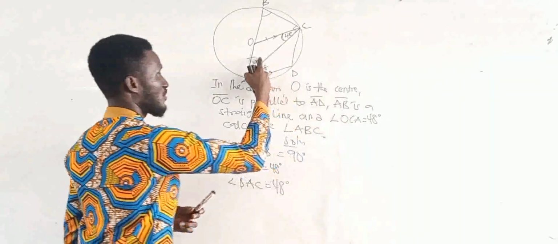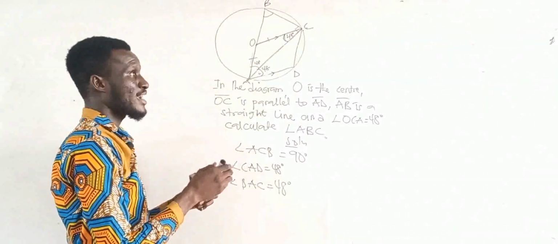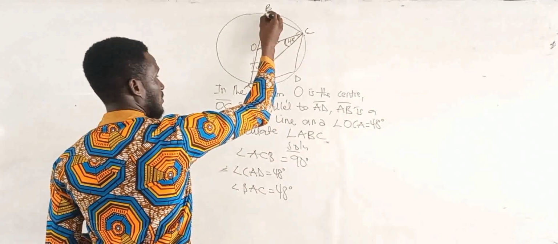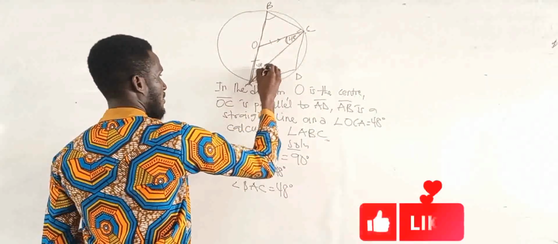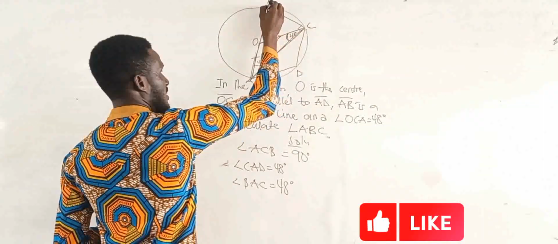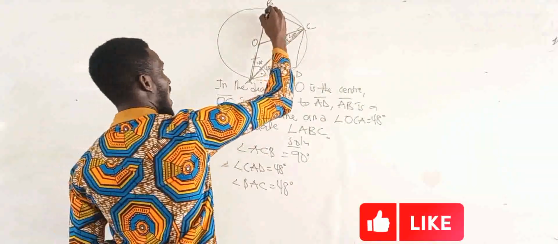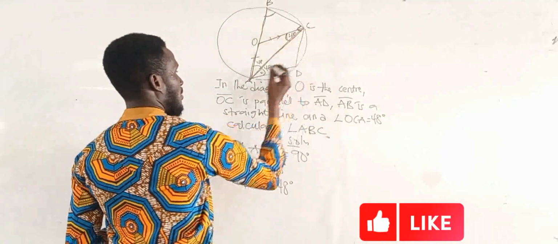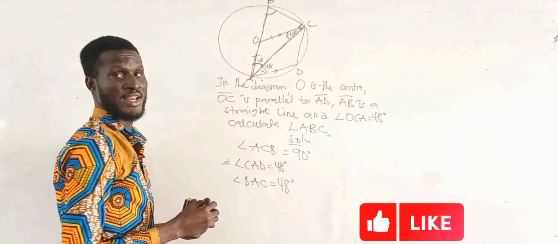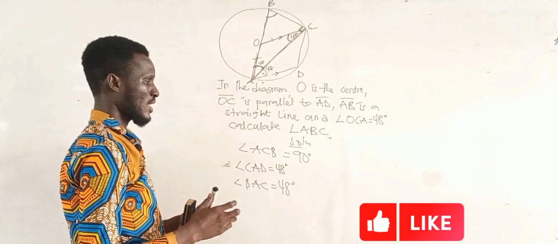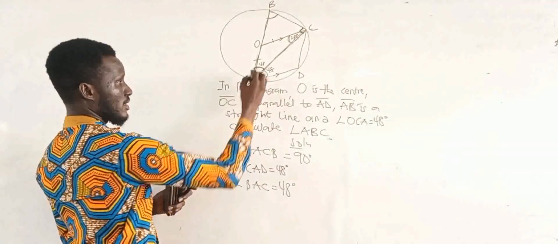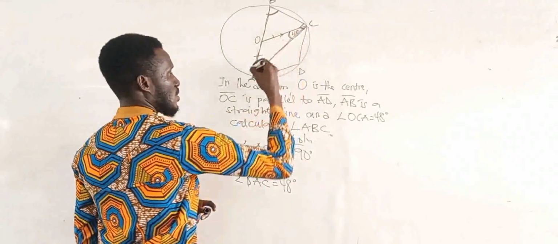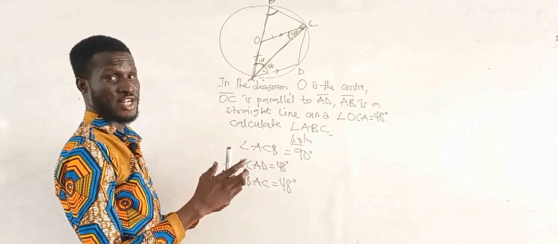Since we've gotten this to be 48, I can apply the triangle, then we get the answer straight away. This one is triangle ABC. When we add here plus here plus here, we have to get 180 degrees. Here is already 90. It's supposed to give us 180 degrees because it's a triangle.